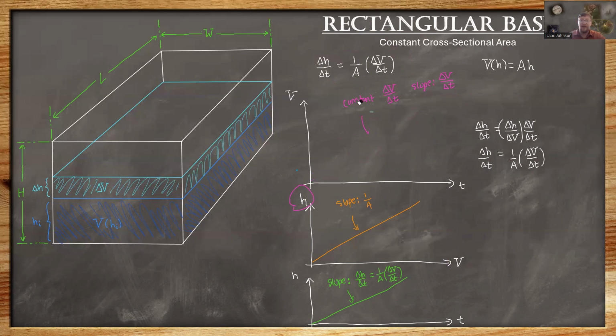What do you think? If I went ahead and changed my volumetric flow rate, so I'm having a fun time going to the faucet and changing the angle a bunch, so now I have this funky curve. What about my H as a function of V? Would that become a funky curve?